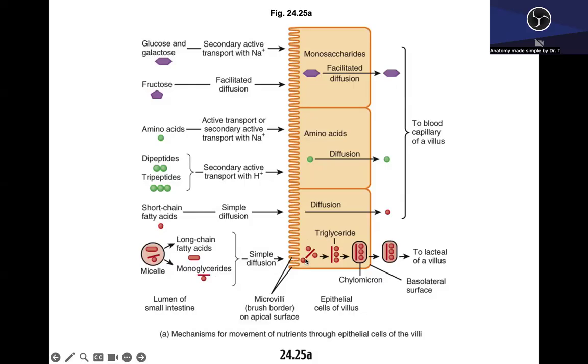And within the cell, something interesting happens. Basically, fatty acids recombine with the monoglyceride and they form the triglyceride. However, the triglyceride is going to be now again modified into what is called the chylomicron, because within the cell, synthesis of proteins that is binding to lipid molecules is a must, because the proteins are now acting as the carrier molecules.